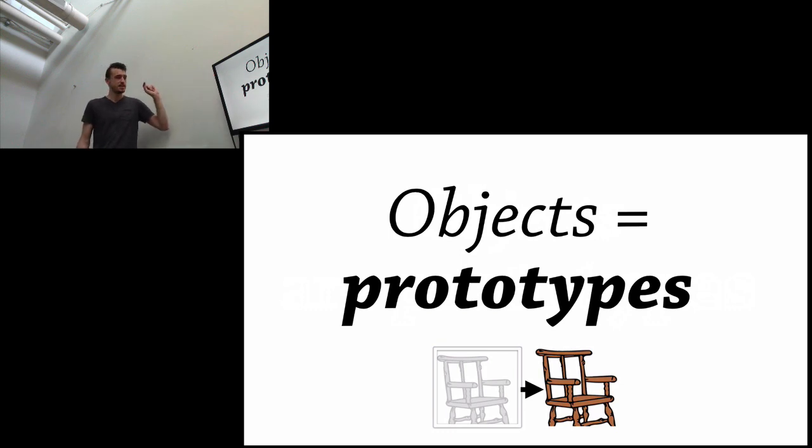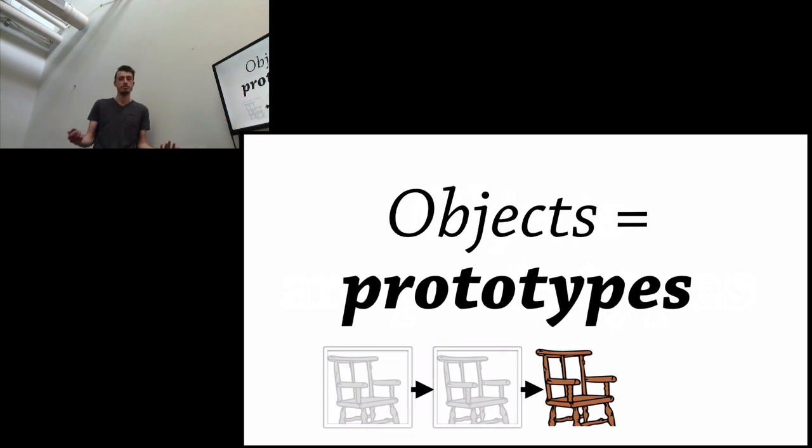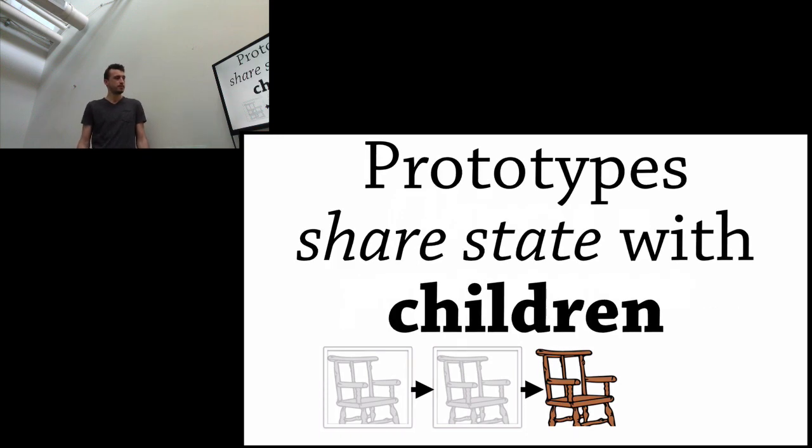Because not only can you inherit a prototype, but actually you can inherit other objects. You can keep going. Another essential characteristic of prototypal inheritance is that prototypes share their state with their children. So remember, if we add a pillow to the prototype, all the children will inherit that pillow.